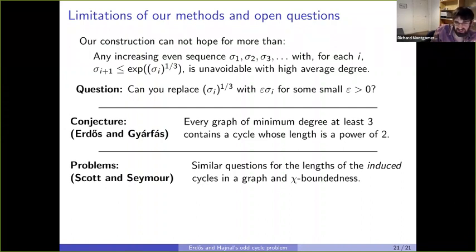And you're looking for, you need more conditions than just the chromatic number, but maybe by relating it with the clique number, you could guarantee lots of different lengths of induced cycles. These seem all rather difficult. So I believe Scott and Seymour have some result that's roughly the analog of the result of Bollobás on unavoidable sequences being unavoidable with high degree if they have even numbers and come from an arithmetic progression. Other than that, they seem to be very difficult questions.